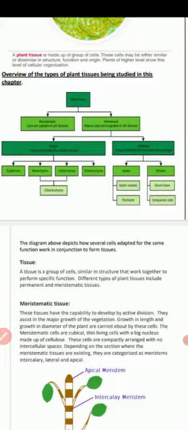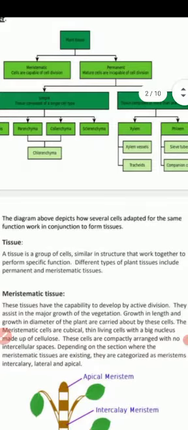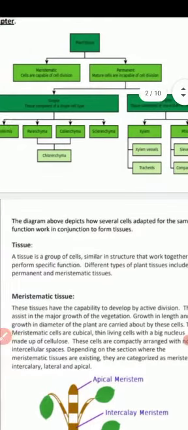A tissue is a group of cells similar in structure that work together. In the case of our eyes, there are two eyes, but they are similar in structure and work together to perform a specific function. Our eyes work as the organ of seeing.